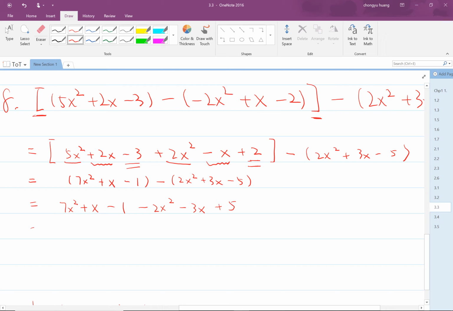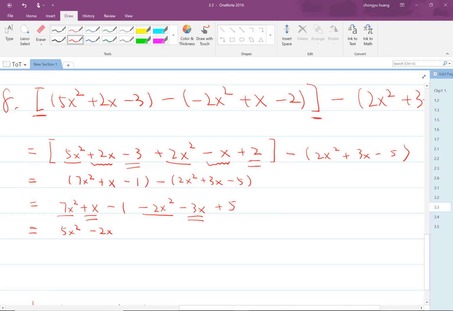So right now you can see over here that we have 7x squared, and then we have a negative 2x squared. So we have 7x squared minus 2x squared, which is 5x squared. And then we have x and then minus 3x, so x minus 3x is negative 2x.